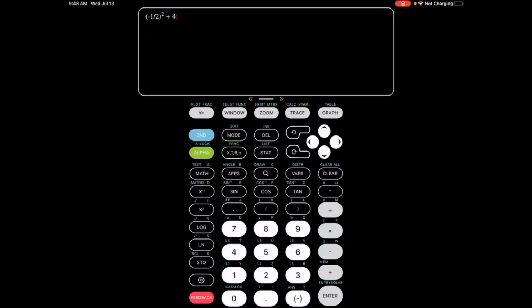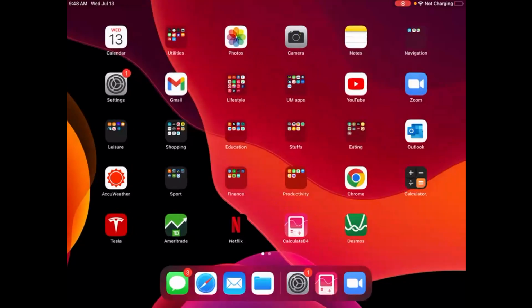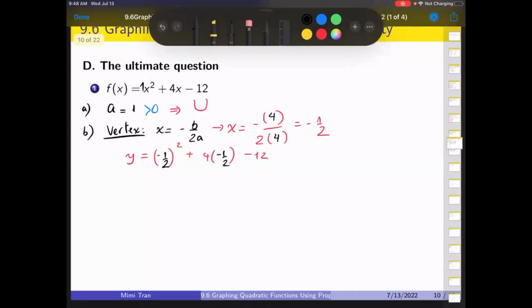So wouldn't it be negative b over 2a? Oh, okay, I did something wrong. Negative b over 2a, yeah, a is 1. My bad. Thank you, Curtis. So negative 4 divided by 2 is negative 2. That's even better, I don't have to use the calculator.